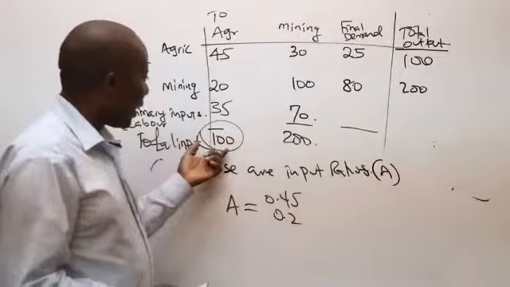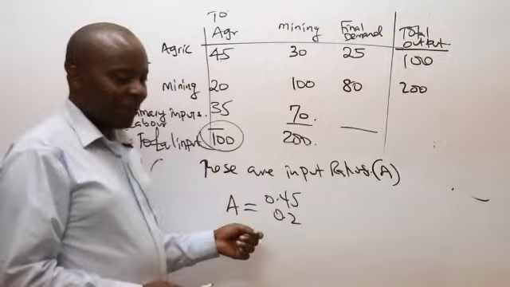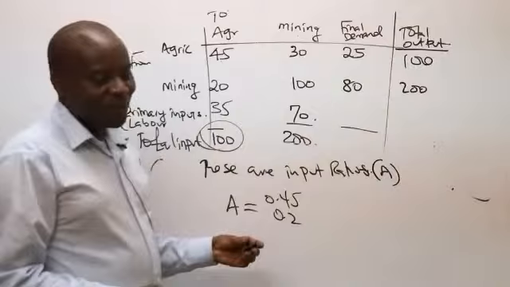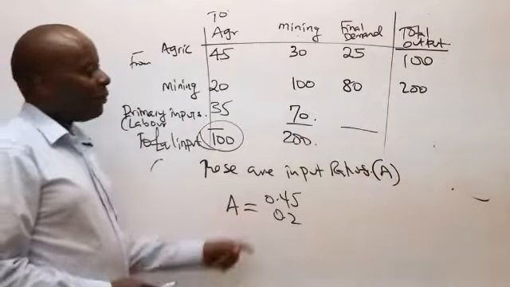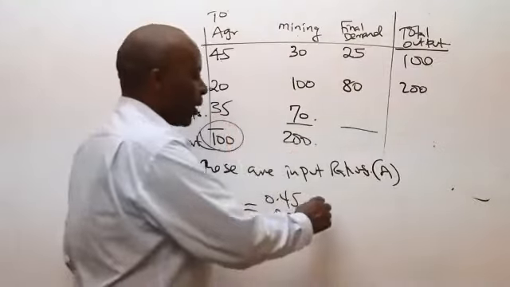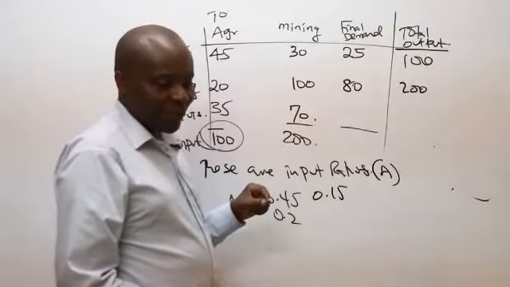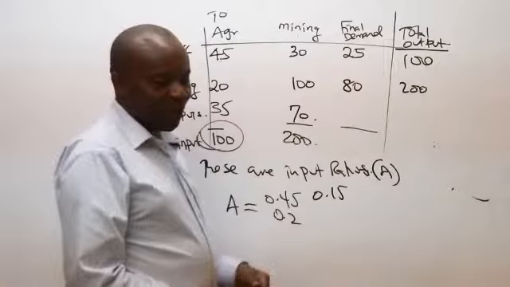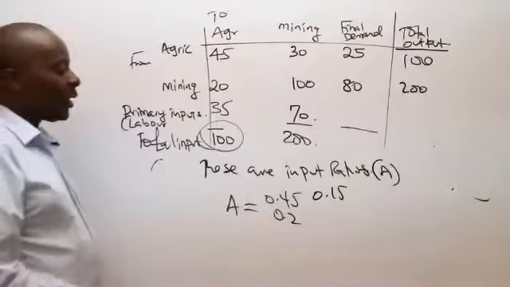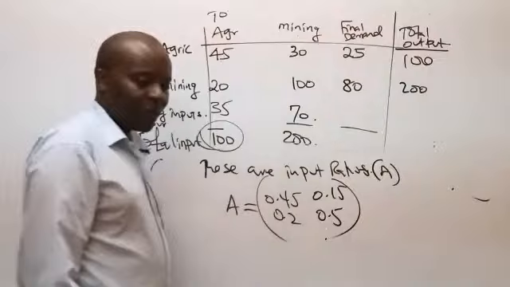This one was 100, so we took 45 over 100. It will be 30 over the total input, which is 300, should be 0.15. And then we have 100 divided by 200. That is not 0.1. It becomes 0.5.